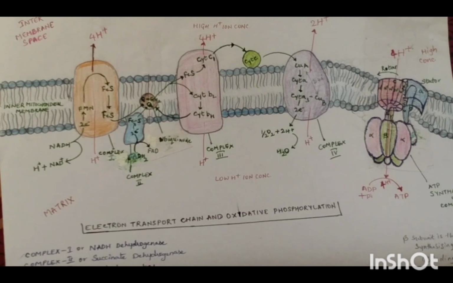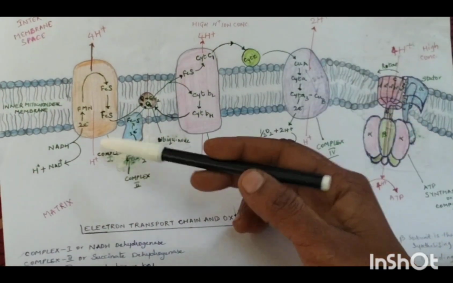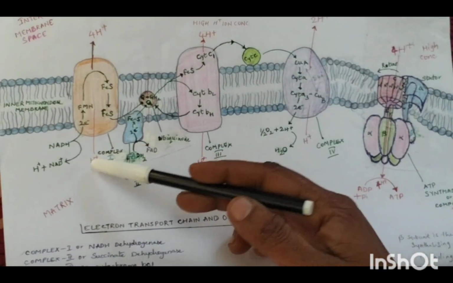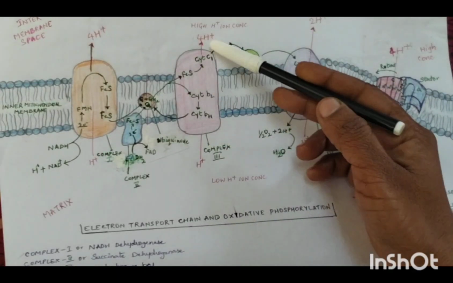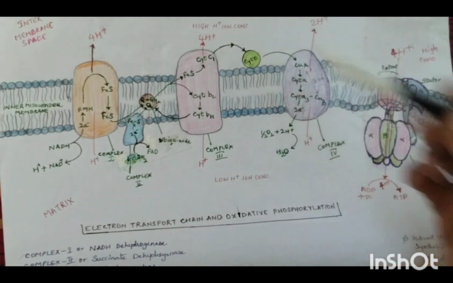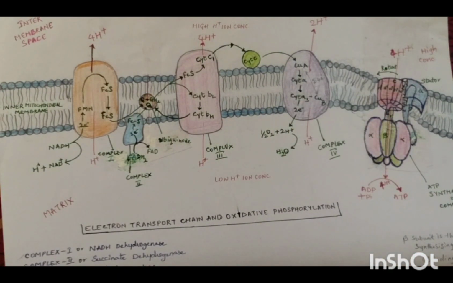Coenzyme QH2, a 2-electron carrier, reduces 2 molecules of cytochrome c, a 1-electron carrier, while transporting 4 protons. Both the NADH dehydrogenase complex, complex 1, and complex 3 pump 4 protons each into the intermembrane space.